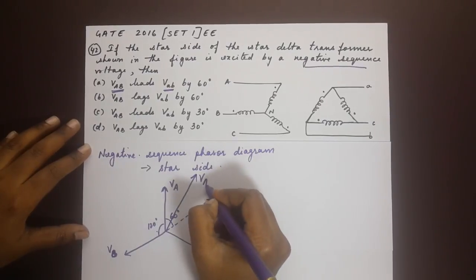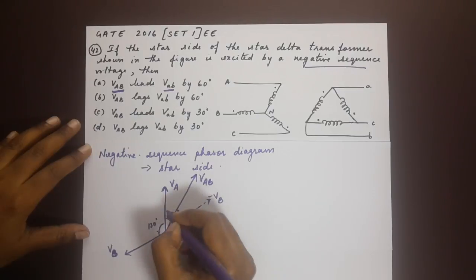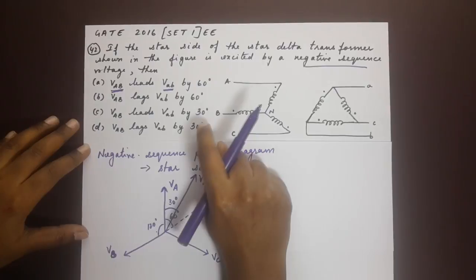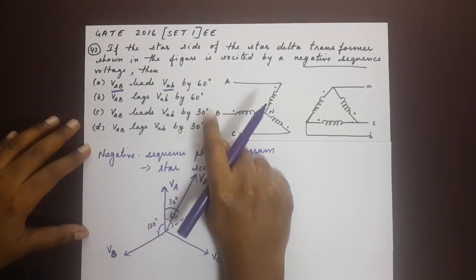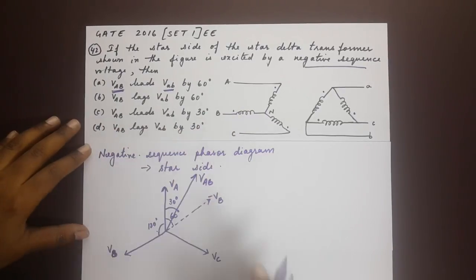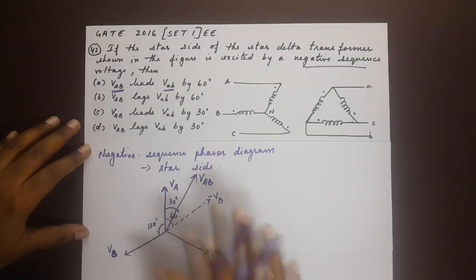Now this would be VAB, and since it goes right through the center, it would be half of 60 degrees. So this is 30 degrees. Now that tells us that one of C and D is right. So 30 degrees is the right angle. So it could either be VAB leads Vab by 30 or VAB lags Vab by 30. So now we know that VAB falls in this area of the phasor.